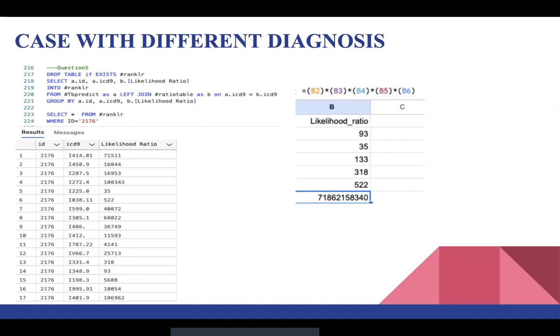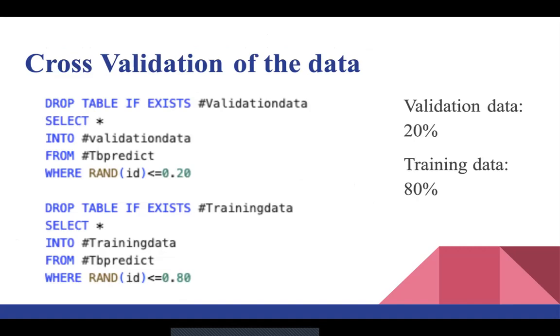Moving on to the next slide, we set aside 20% of data for validation and 80% as the training data set, which was later used to get the percentage of patients with undiagnosed diabetes. These data were also used for the calculations during naive Bayes.